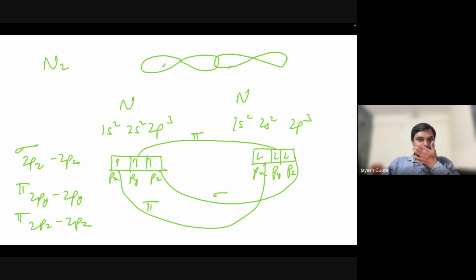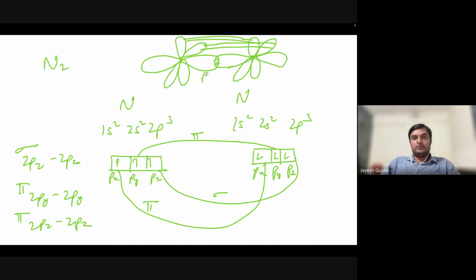This will be for pz. The other two are perpendicular, so they will give you py. And the third one will also be perpendicular, so this will give the pi bond with this one.